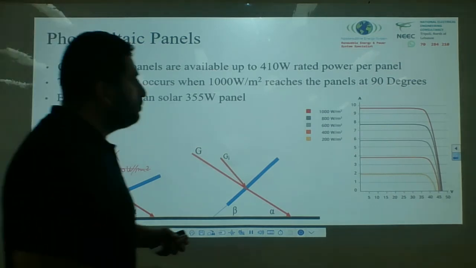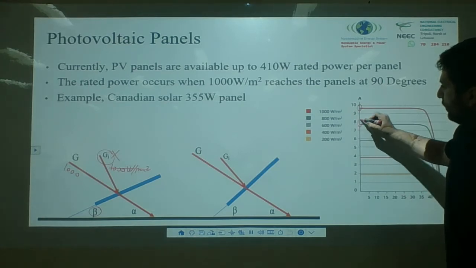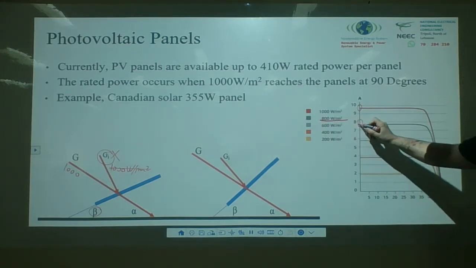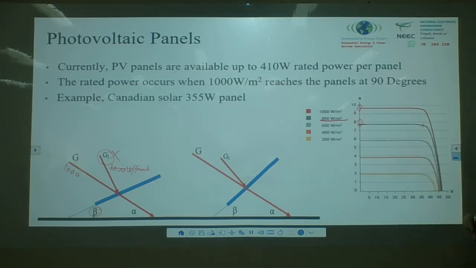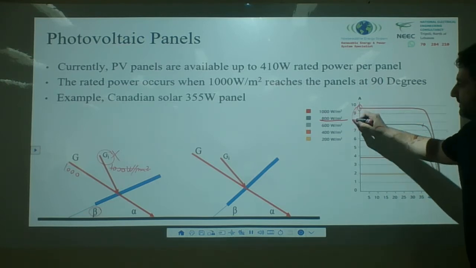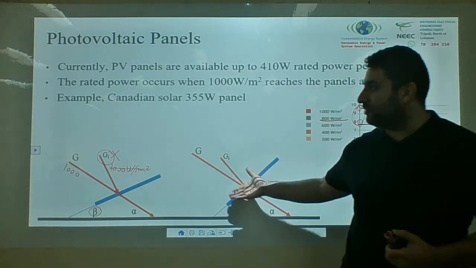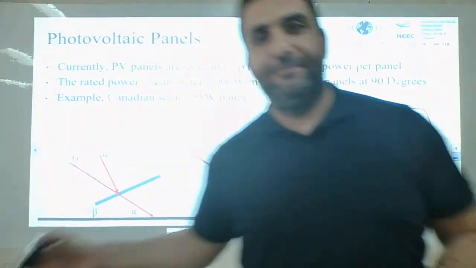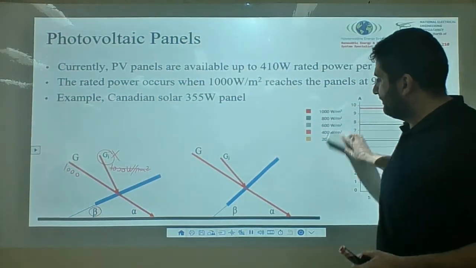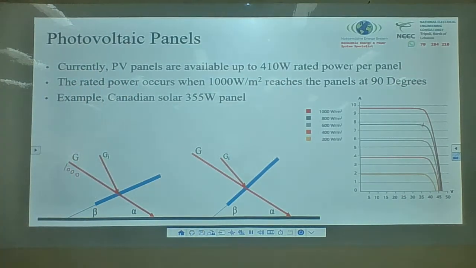Can you see? And what will happen to my system if, for example, it's not 1,000 now, it drops to 800? See the 800? So now, can you see I dropped my current almost 1.5 amp? I lost from my current. That's why the sun orientation, sun path, and my tilt of the panel is very important. Today we are going to check the sun path.